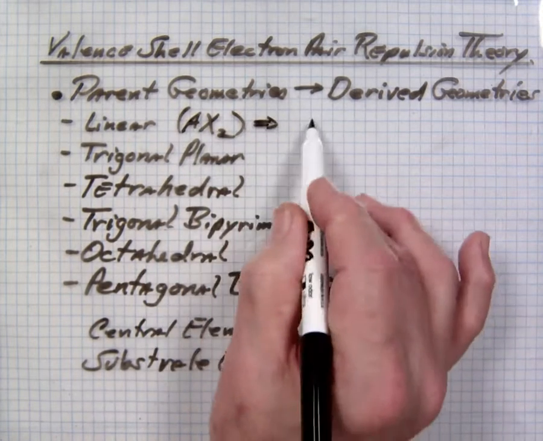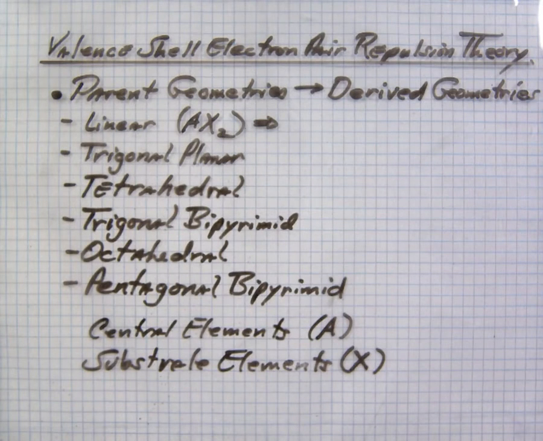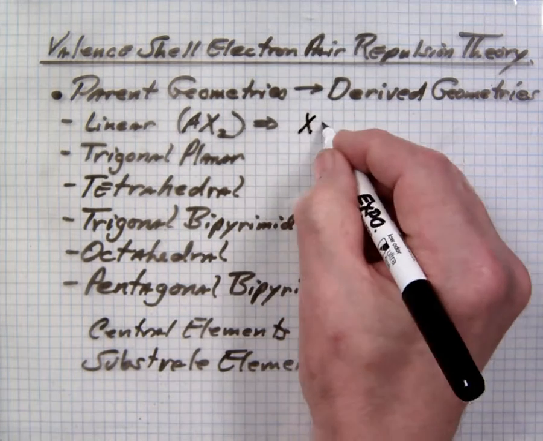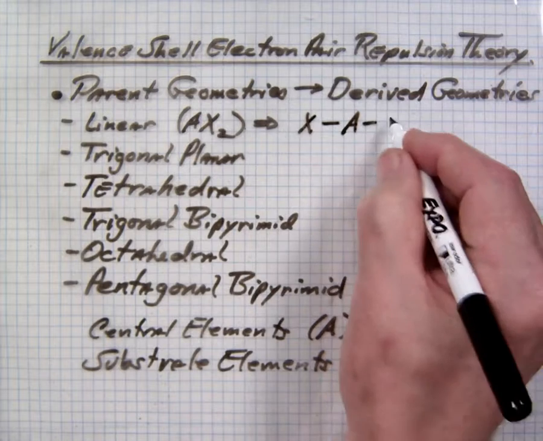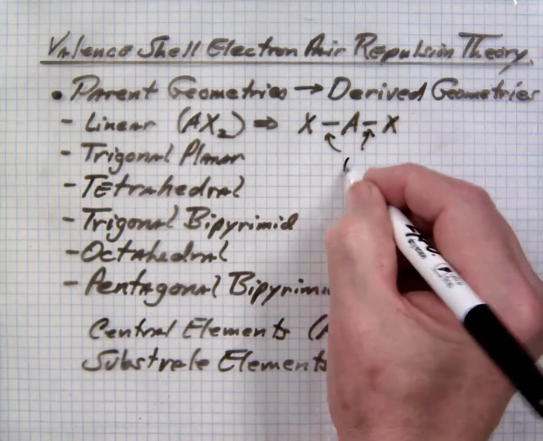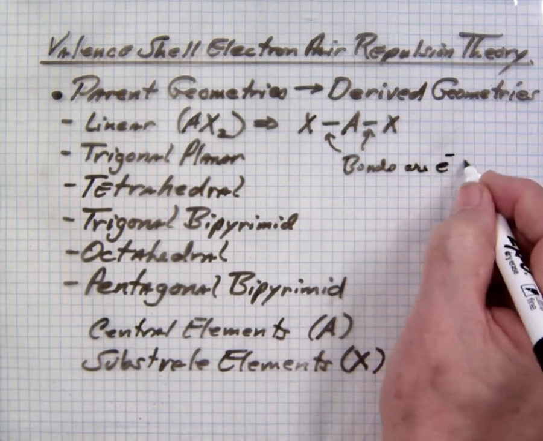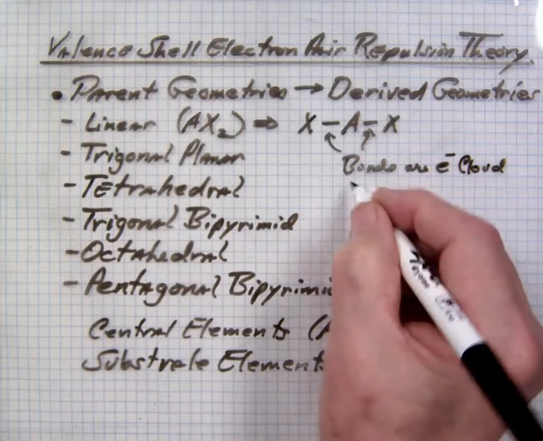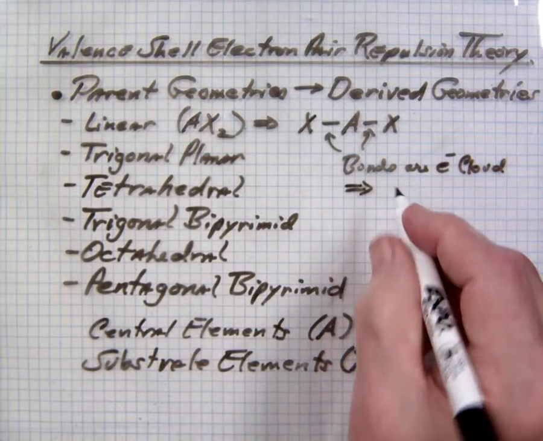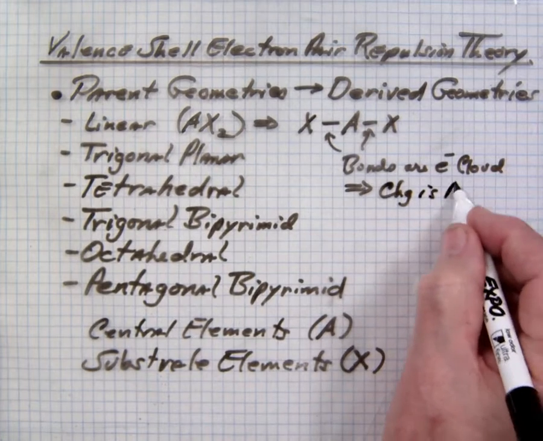What happens is these X's will assume a position in space that minimizes repulsion energy. And what does that mean? Okay, I'll show you. X bonds to A, bonds to X. The bond structures are electron clouds, and of course the charge is negative.